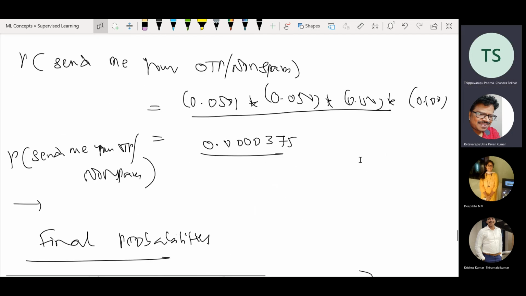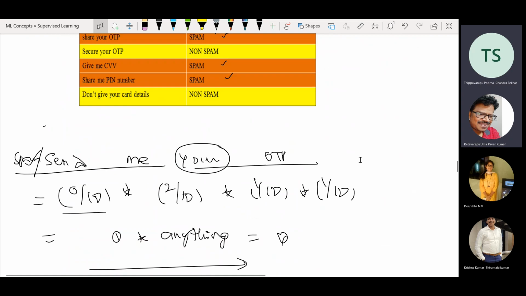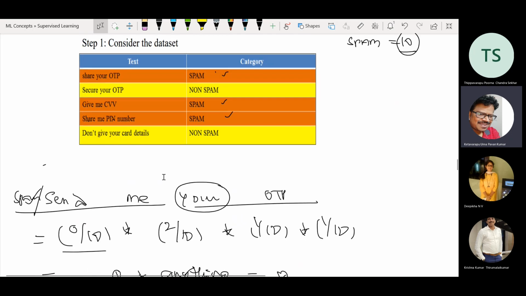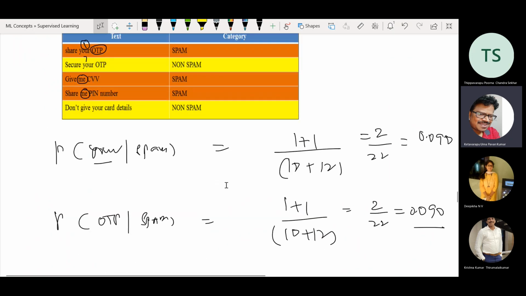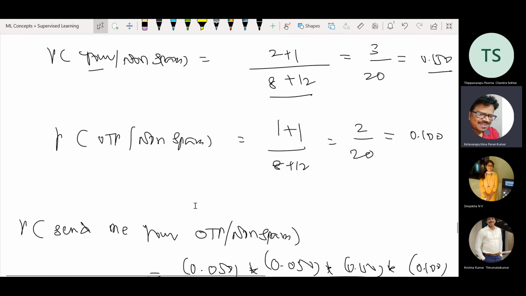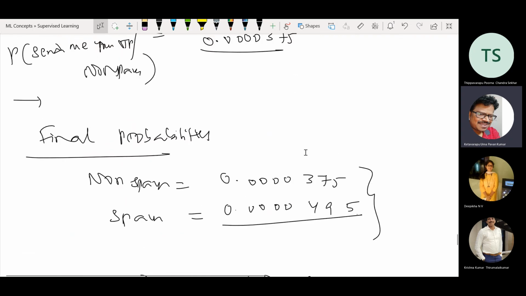Initially, if you are using the convention, because the human tendency is, if I am saying some probability or some kind of thing, you may get some aversion: oh, this probability, all these things. But the moment you apply these as an equation, and if you are making use of this convention, then it becomes very easy for us to see. If you observe this process, friends, whenever you see the naive Bayes algorithm, these points should come into your mind: how do I pick up all the independent things?